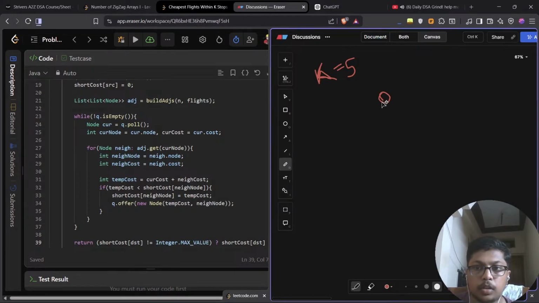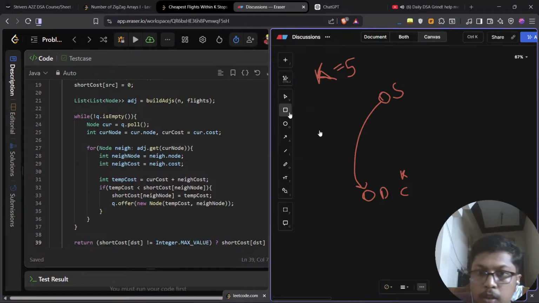What happens is when you go from some source node to the destination node, there might be different paths, right? Maybe there is a direct path itself, so there is k equal to 0. So consider k and this is the cost, right?